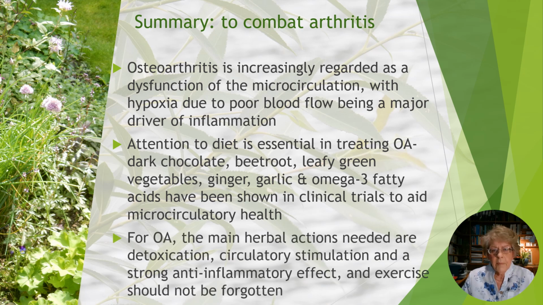So for OA, the main herbal actions needed are detoxication, circulatory stimulation, and a strong anti-inflammatory effect, and possibly diuretic. I'm not really dealing with exercise here, but exercise is also very important in looking after joints. So that gives a bit of an overview on arthritis.